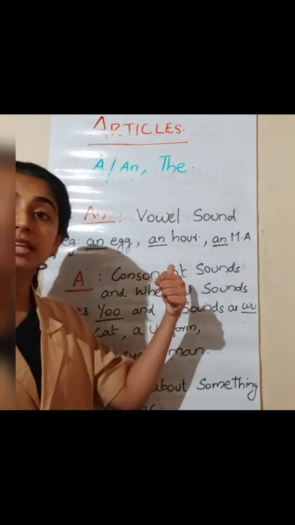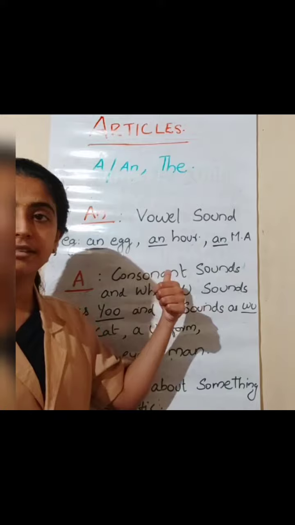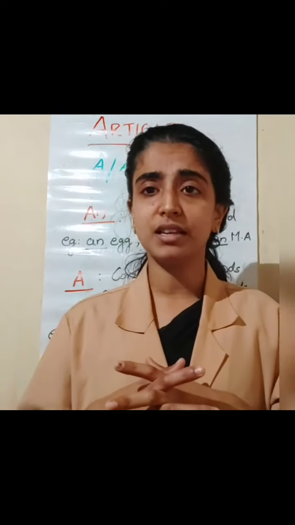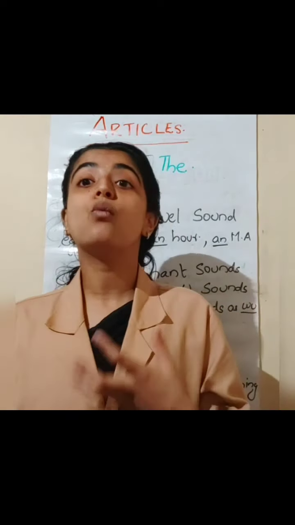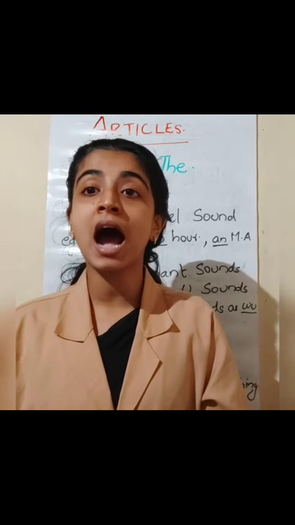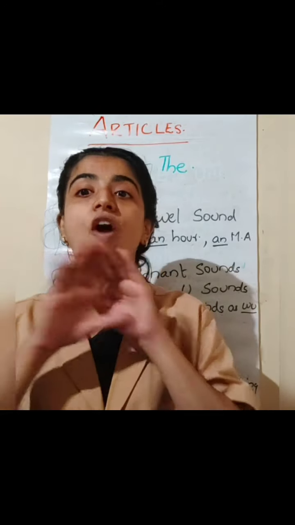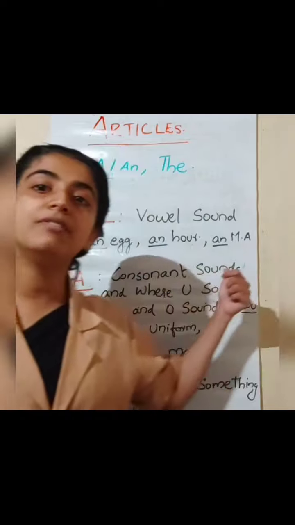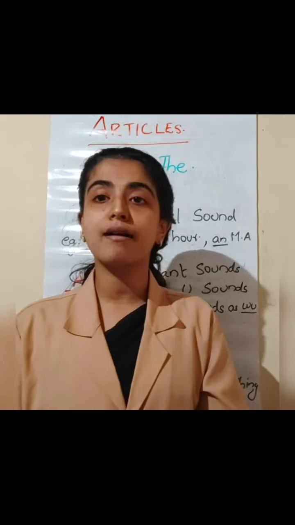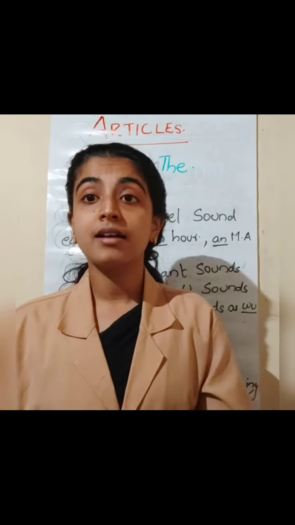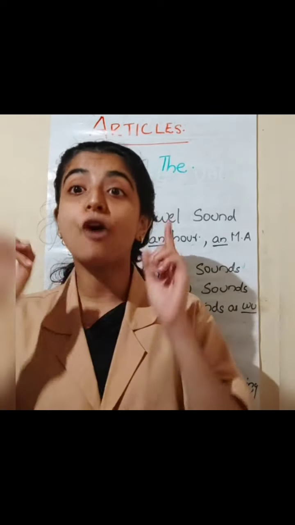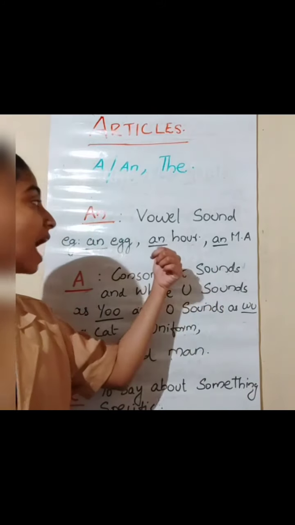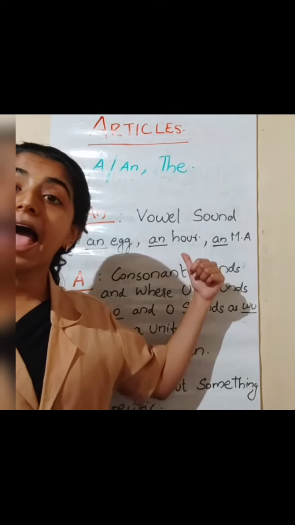Since it starts with a consonant letter, we would expect a, but it's not like that, because the word sounds as a vowel sound. We won't say it as har, that pronunciation is wrong. The sound is like our, a vowel sound. So we will be using an hour.